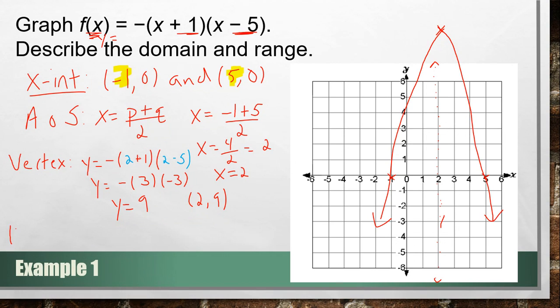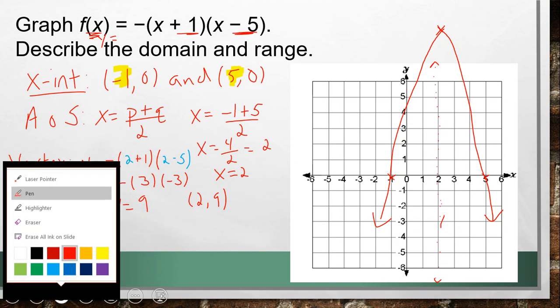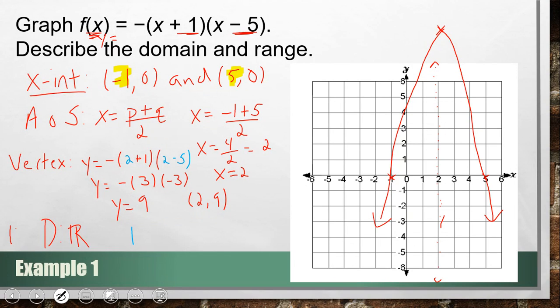Domain, like we've seen before, our domain is going to be all real numbers. And your range is going to be y is less than or equal to 9. Any questions? All right, let's go.